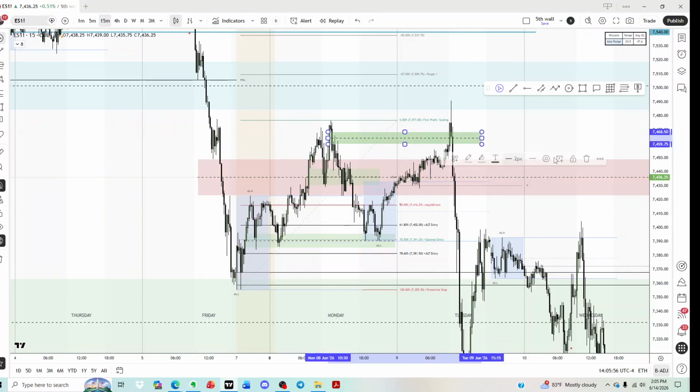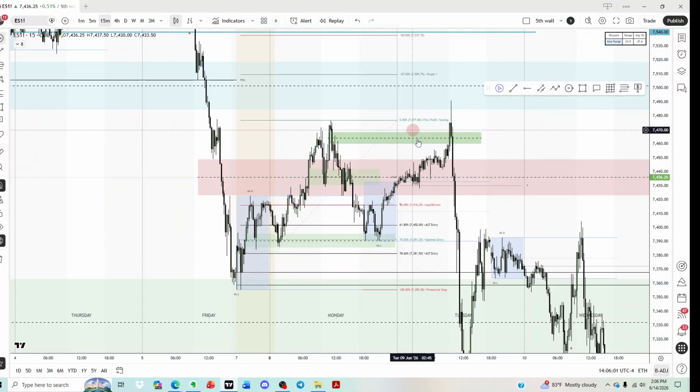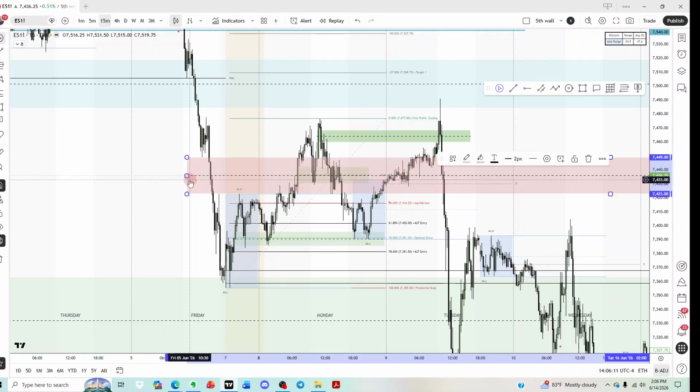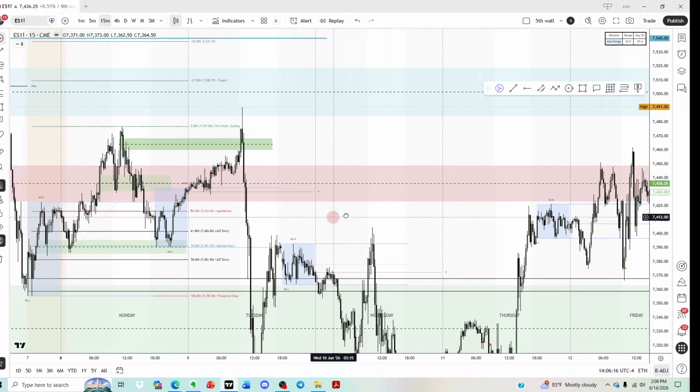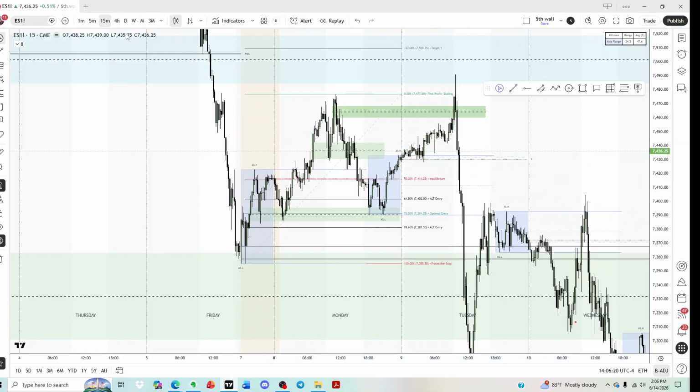Also violating this again. There's another reason to continue lower. So you can technically ignore this. I don't want to say ignore it, but it's in my way. It's relevant, but I'm gonna take it off.